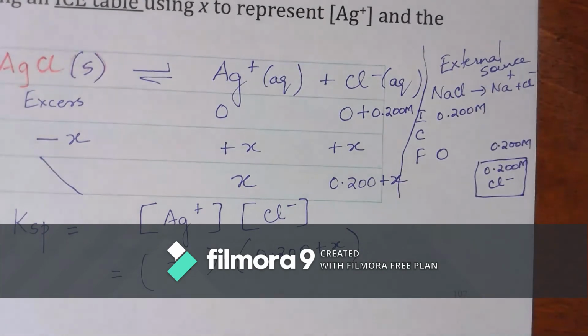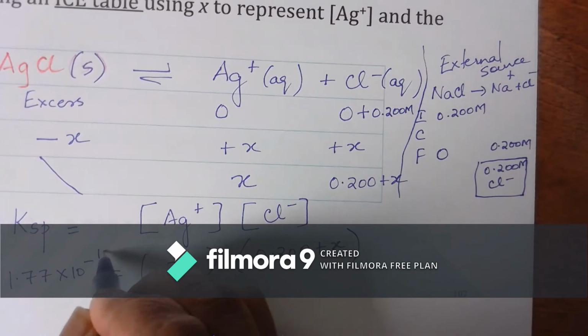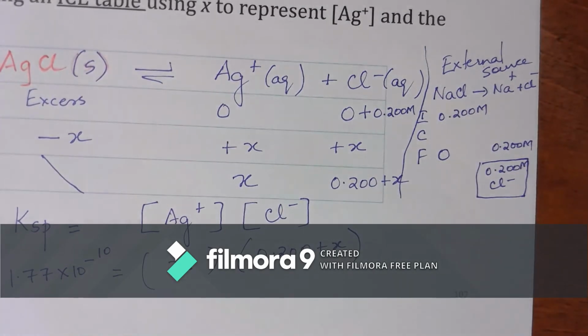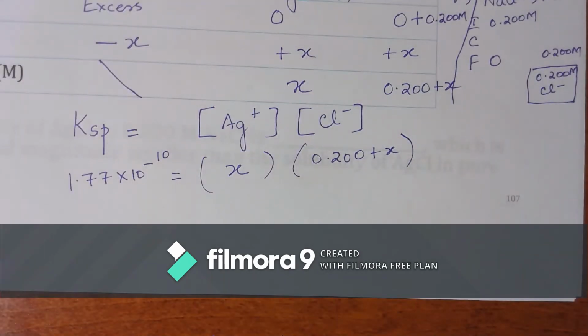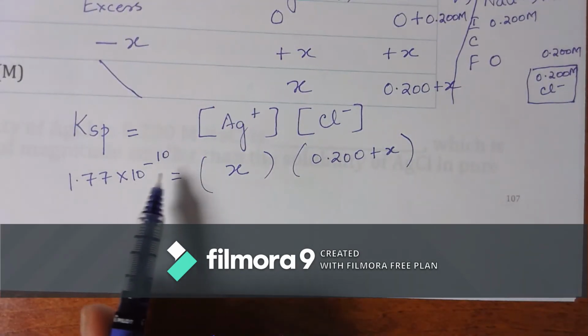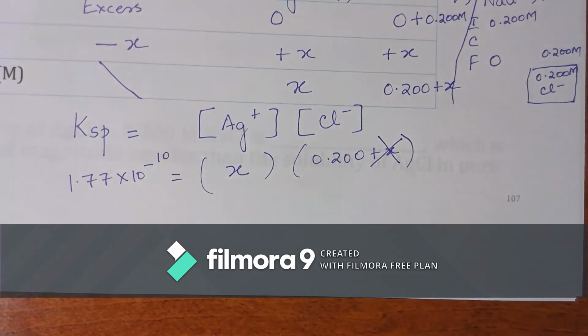Now I'm going to find the value of Ksp for you from the table. Ksp is 1.77 times 10 to the negative 10. Okay, you should be able to find this in the tables that we were looking at. That's in your notes. Now, because this Ksp is so small, remember, we can make that assumption.